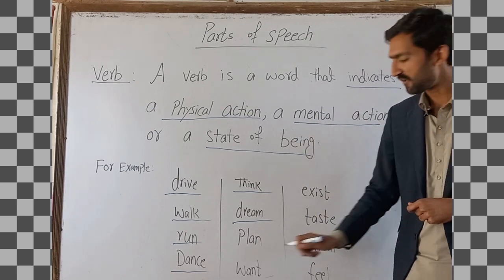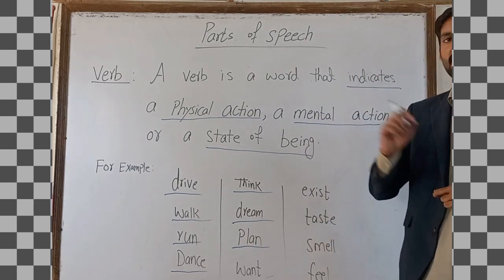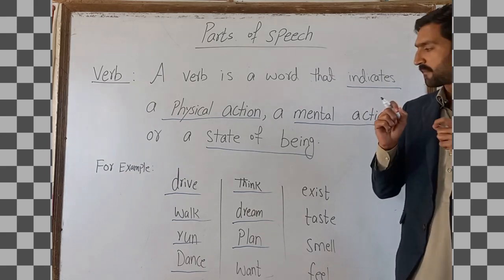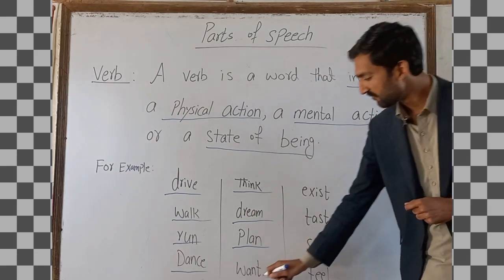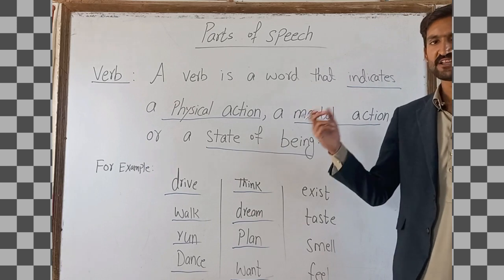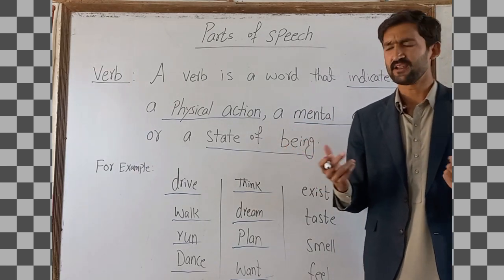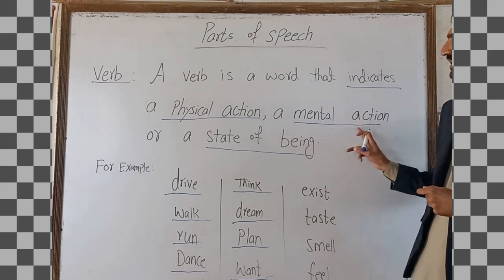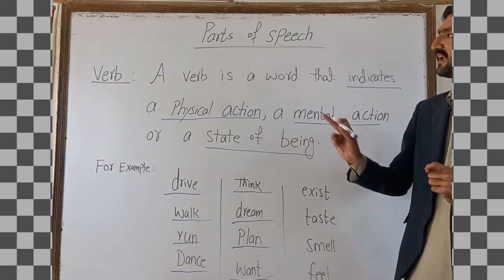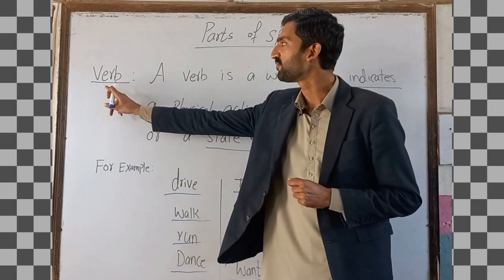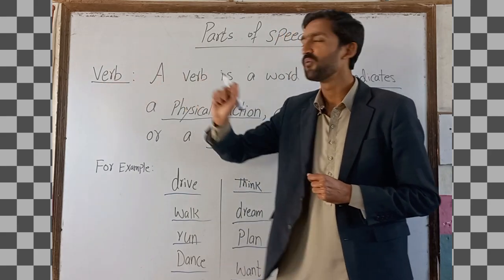Further we have plan. Whenever you plan, it is also linked with mental action. Further we have want. Anything you want to become and gain is also a mental action. And mental action is linked with the part of speech, and that part of speech is verb.